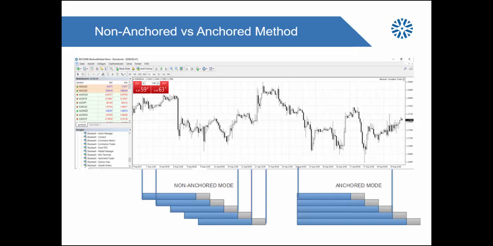And on the right-hand side, I have the anchored mode for you guys, right? The anchored mode is nothing else than when you start your backtesting always at the same point in time. So this blue bar represents the time where we do the historical backtesting in that in-sample analysis. That's the optimization I was talking about a moment ago.